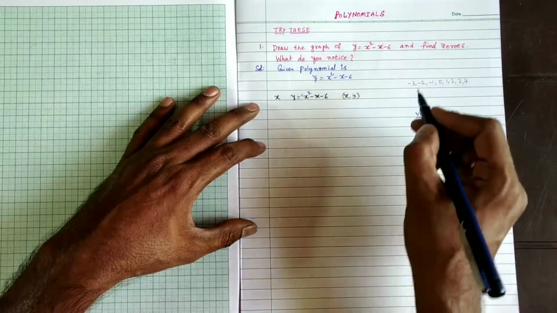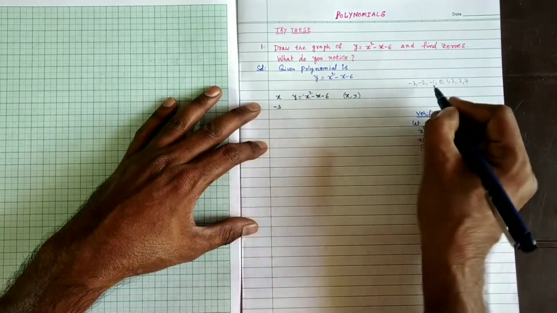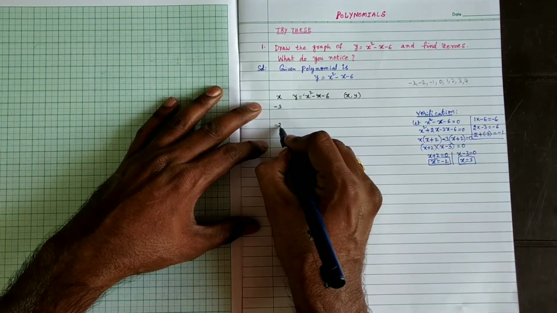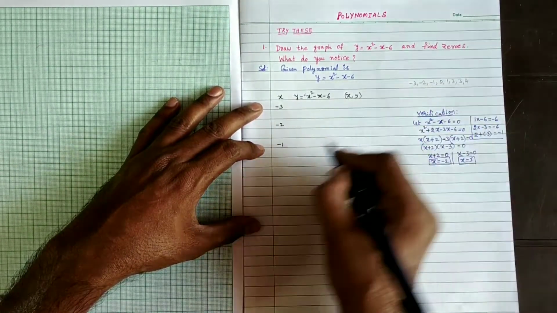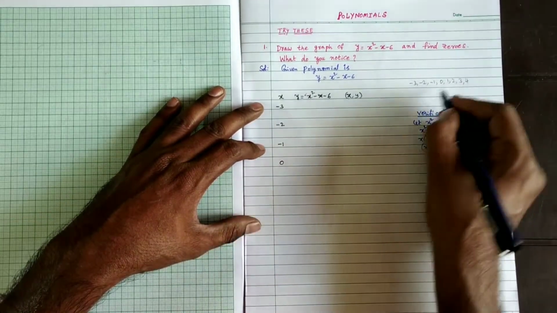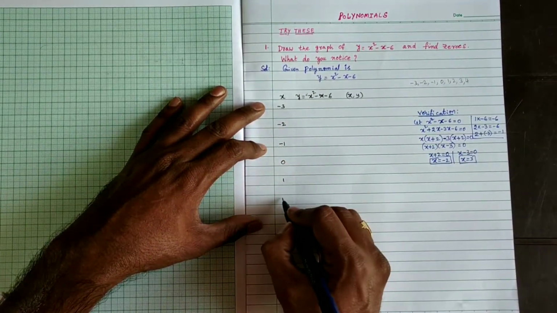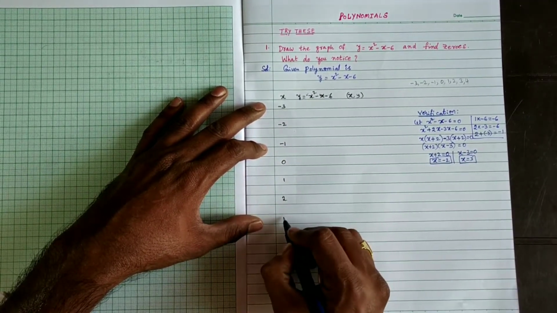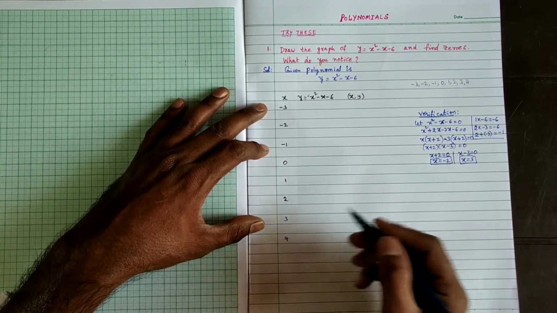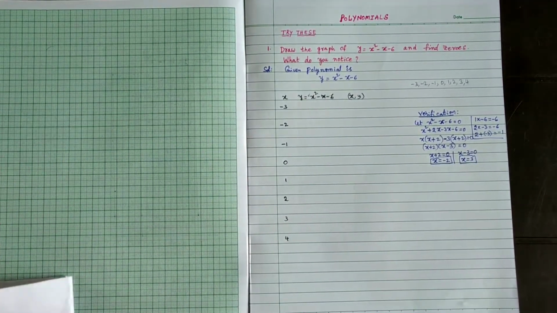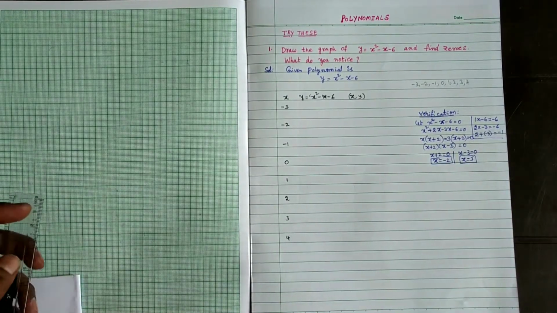Take these values in the place of x: first one is minus 3, second one is minus 2, third one is minus 1, fourth one is 0, fifth one is 1, next one is 2, 3, 4. So take these values and form a table now.